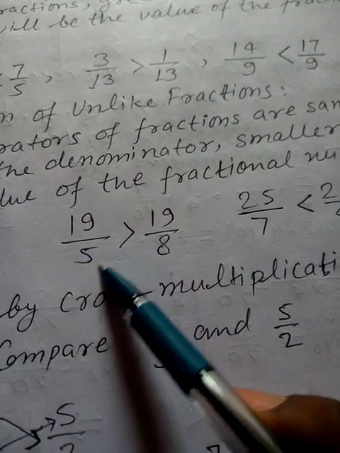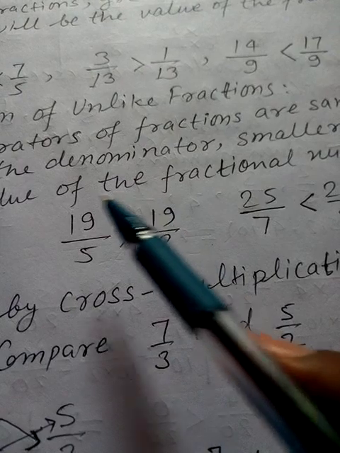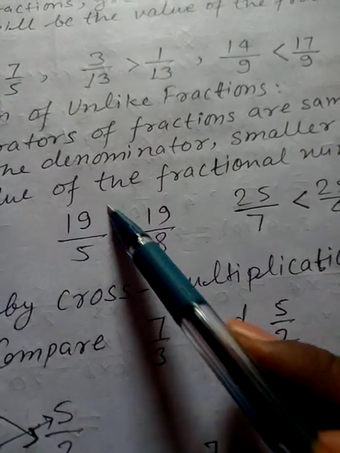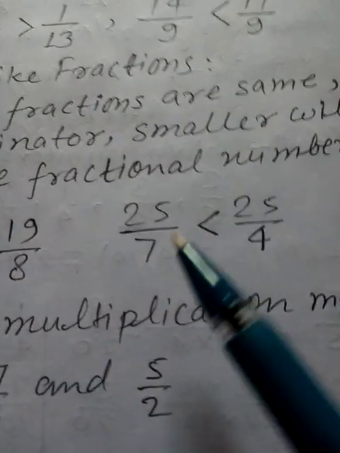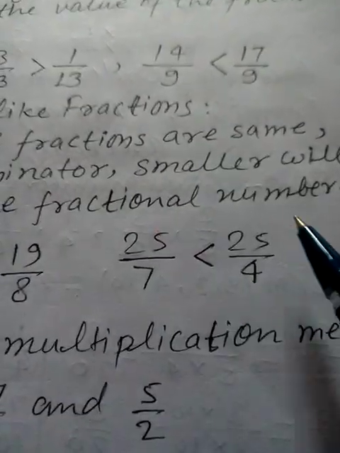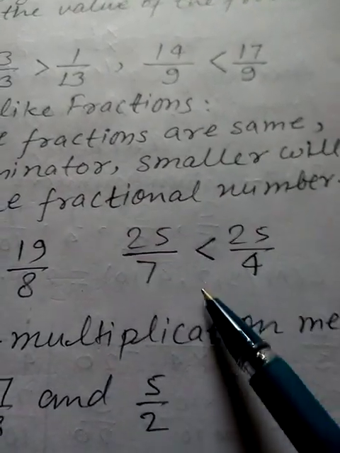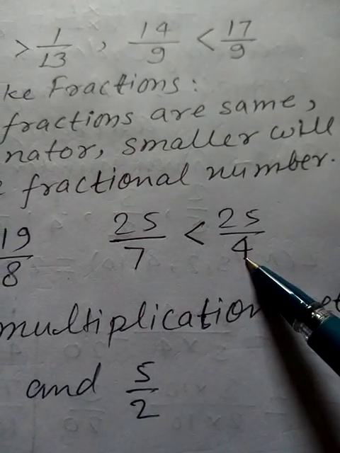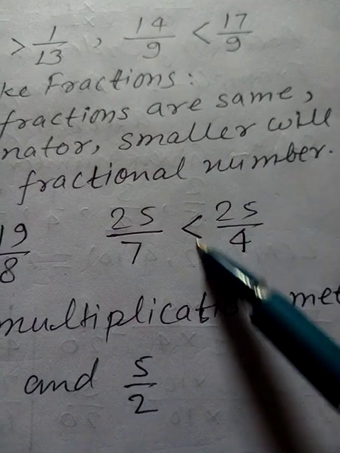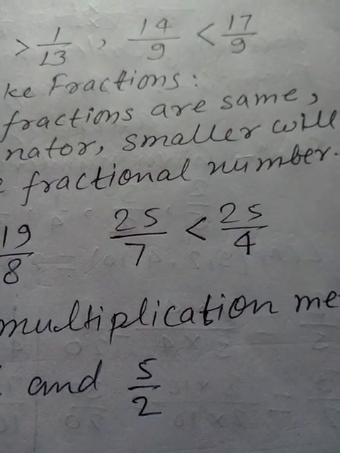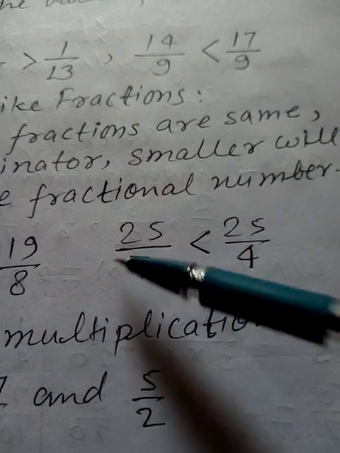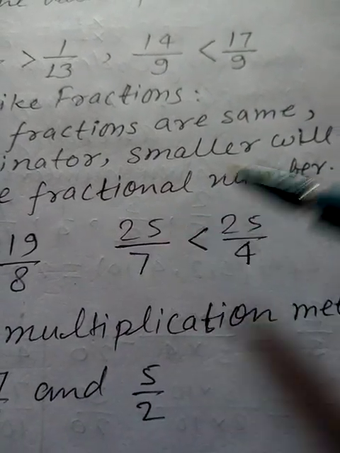Here also both numerators are same, 25, and the denominator is 4 and 7. And this is smaller, so 25 by 4 is greater. Very simple, these two things: like fractions and unlike fractions having same numerator.